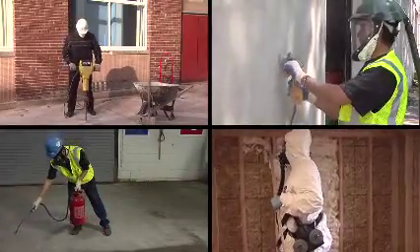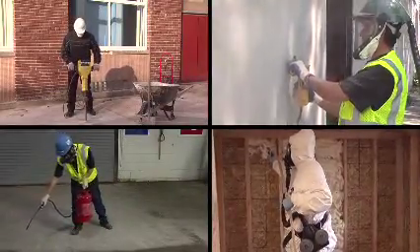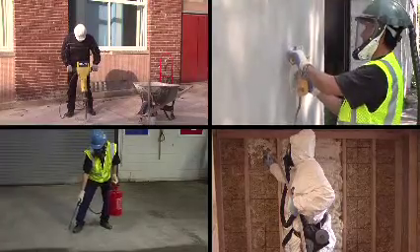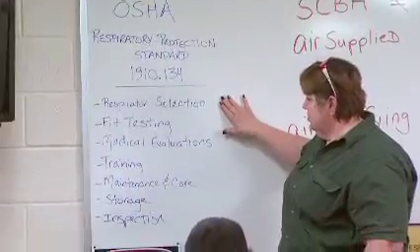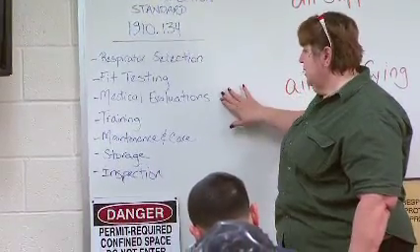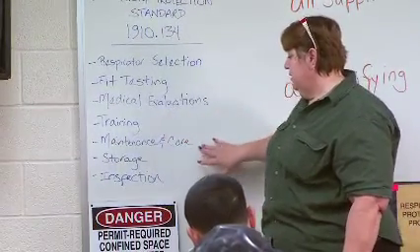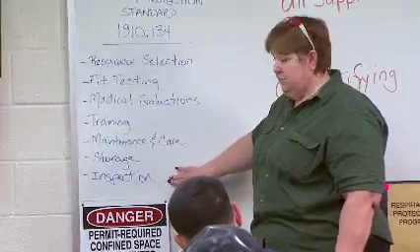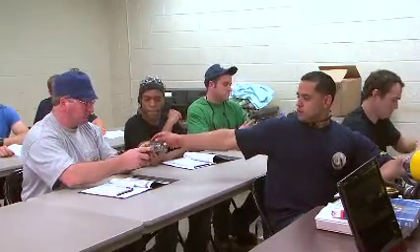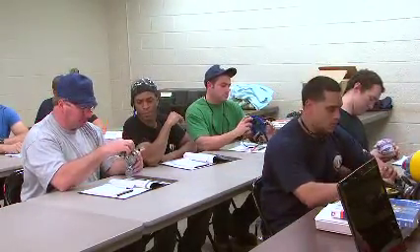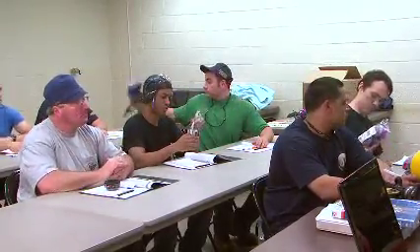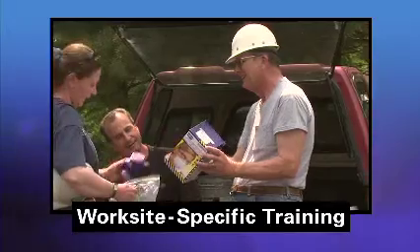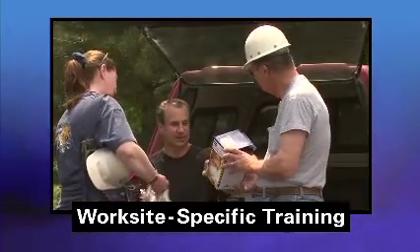This video has provided you with a brief overview of respiratory hazards in construction and respiratory protection program requirements. There are many other things that you must know and do before you can safely use a respirator in a hazardous work environment. While this video may be a part of your respiratory protection training, your employer must also provide you with additional training on respirators, including worksite-specific training.